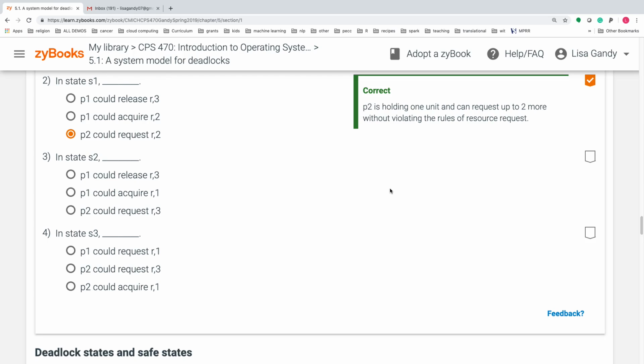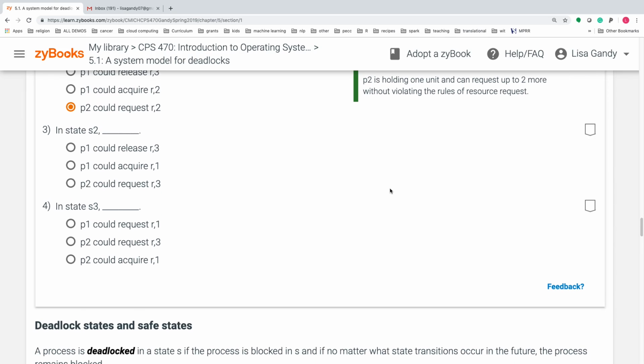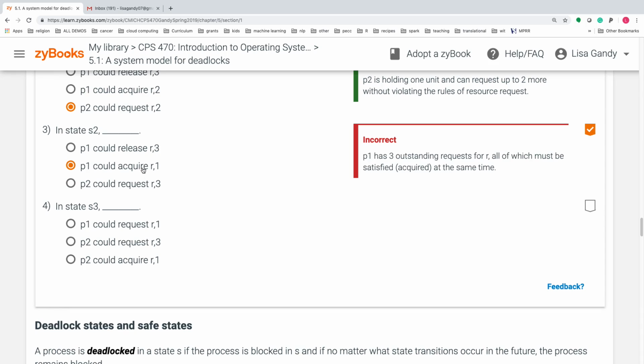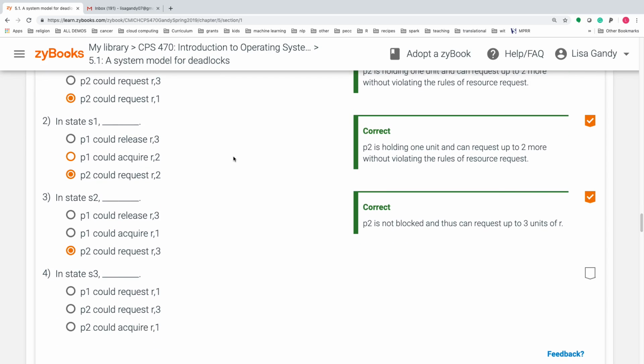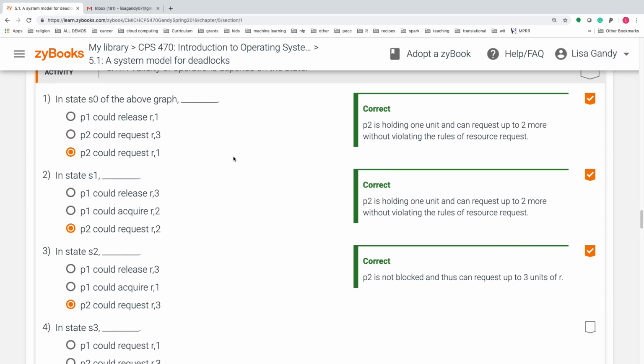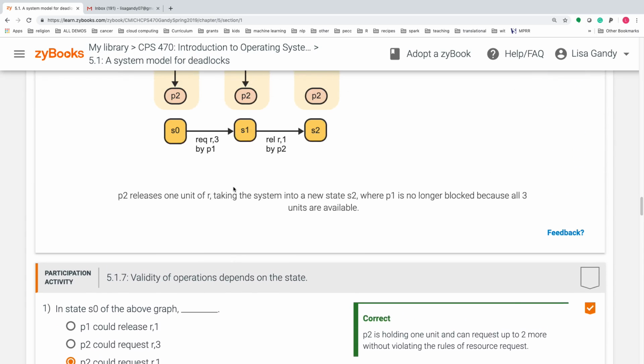If it's asking for 3, then it has to get all 3. So if we say this one, it has 3 outstanding requests. The way these graphs work is if you ask for 2 things, you can't get partial things. This one, let me go back to this. I want to make sure.